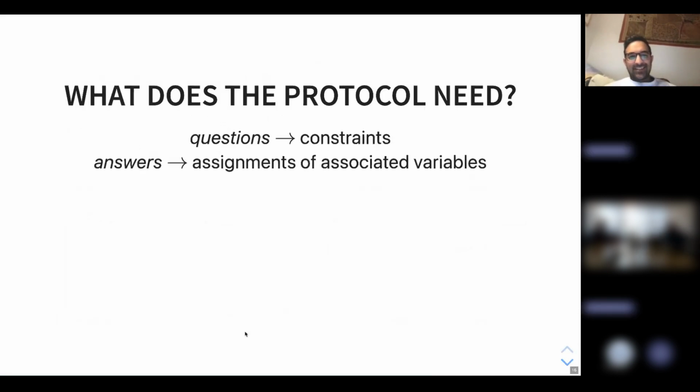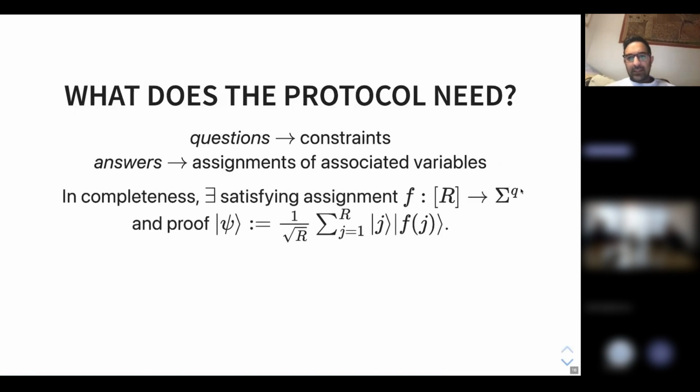Sorry. So I'm going to encode the questions as constraints, and each answer to a question will be the assignments. I'm going to hope for a proof that looks like this: I take a uniform superposition over all the CSP clauses, together with the outcome for all the variables associated with the clause.